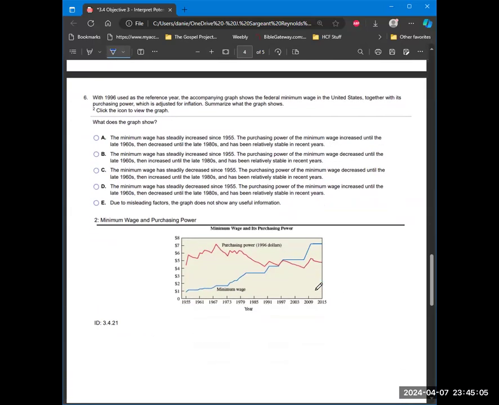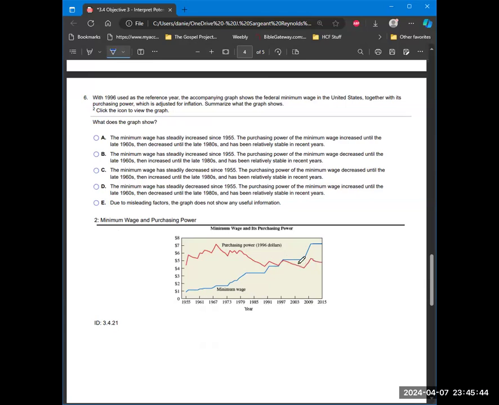With 1996 used as a reference, the accompanying graph shows the federal minimum wage in the United States together with its purchasing power, which is adjusted for inflation. Summarize what the graph shows. So we have minimum wage increasing in blue, and then the purchasing power of those dollars in 1996 dollars, adjusted for inflation, trending down for the most part.